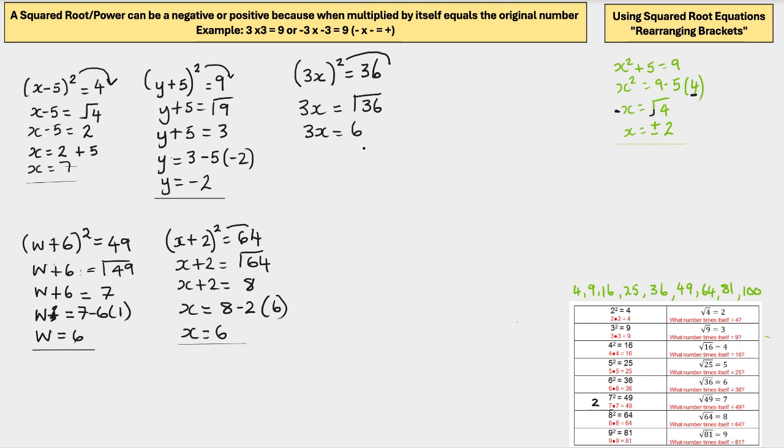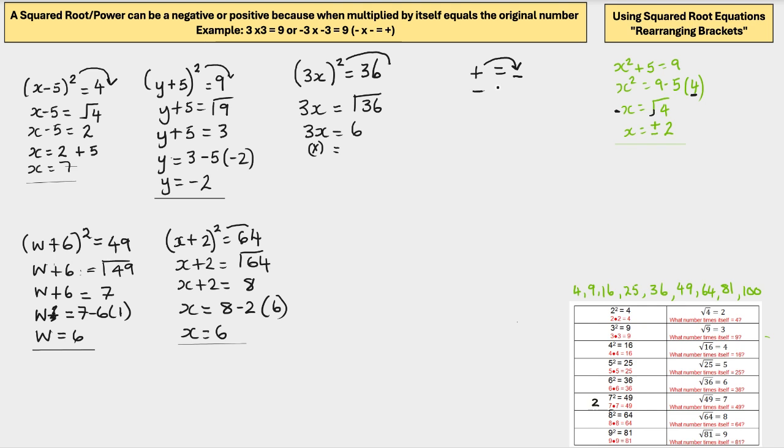And this is back to our basic algebra again. What do we do? This number is stuck to this x, so it means a multiply. And you know that when we go over the equal sign, your signs change. So if we have a plus this side, it turns to a negative.